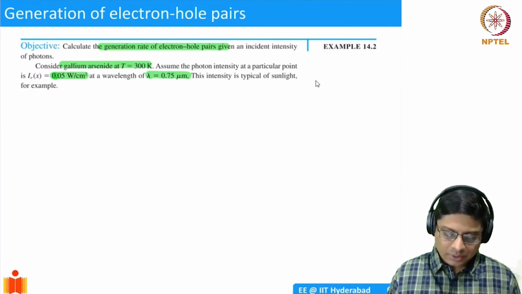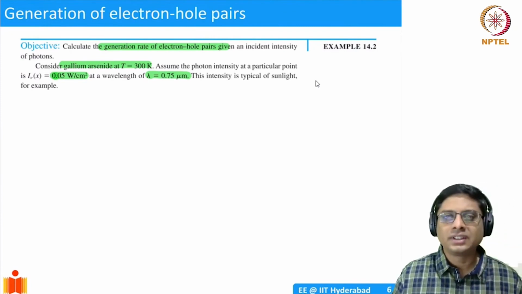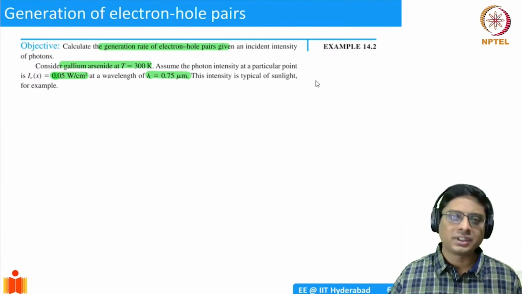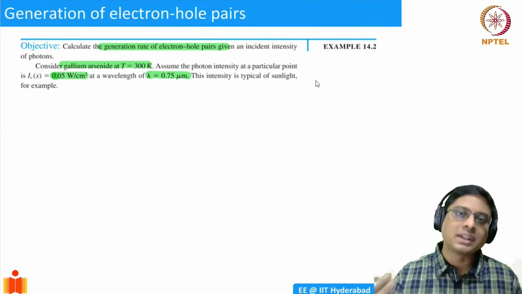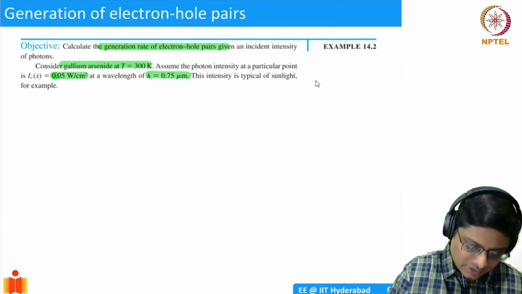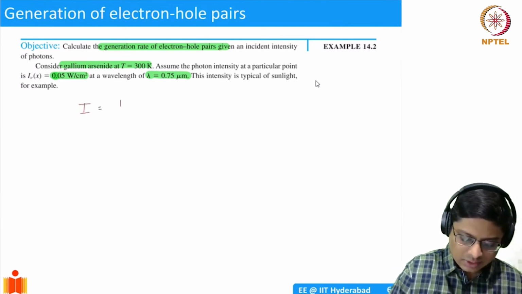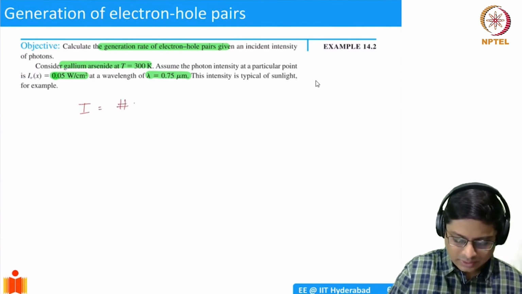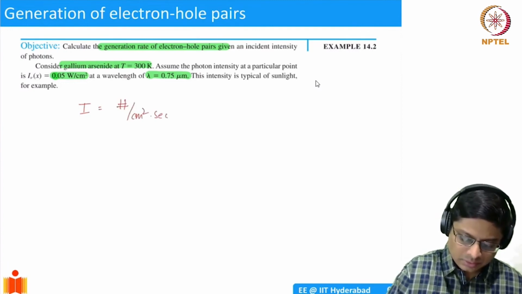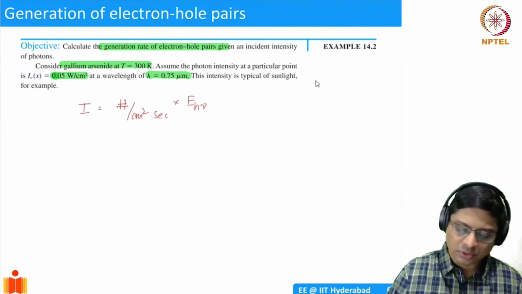Well, to calculate that, we need to realize what intensity is. Intensity is essentially the number of photons per centimeter square times the energy of the photon, right? So the intensity is simply the number of photons, I'll just put it as hash, number of photons per centimeter square per second, into h nu, the energy of the photon, right?